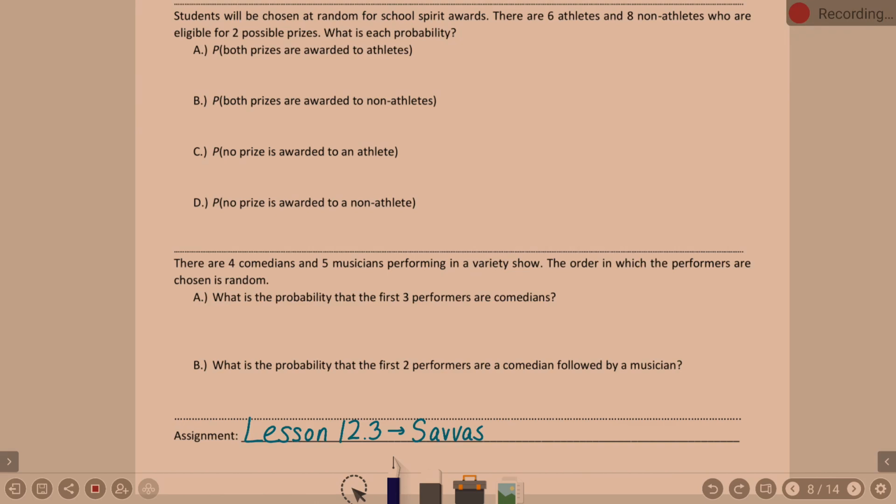Does order matter? No, it doesn't matter whether you're the first or the second one picked. So again, this would be another combination. You will find that more often than not, the probability questions turn out to be combinations.